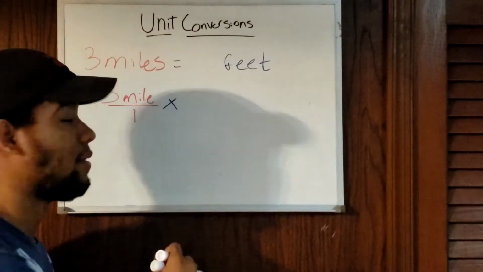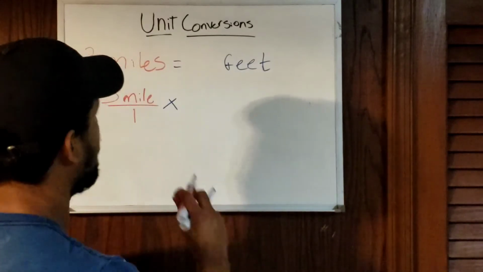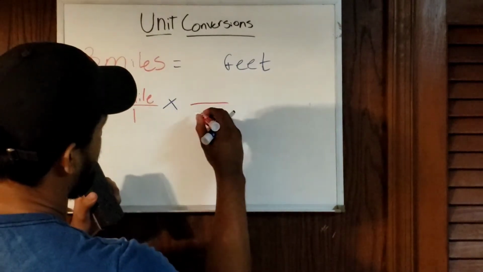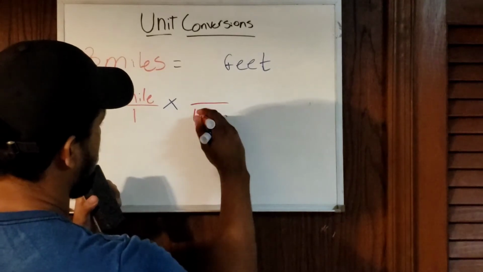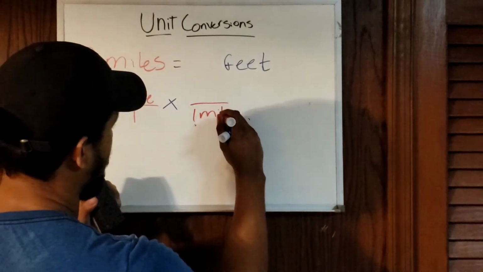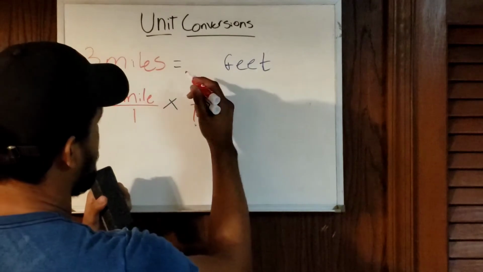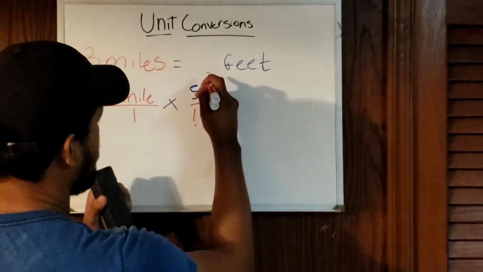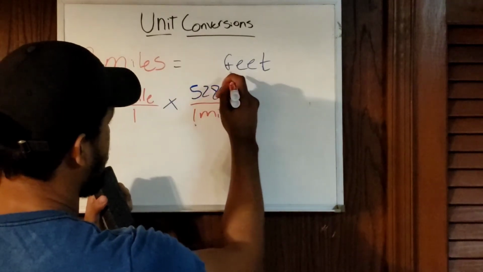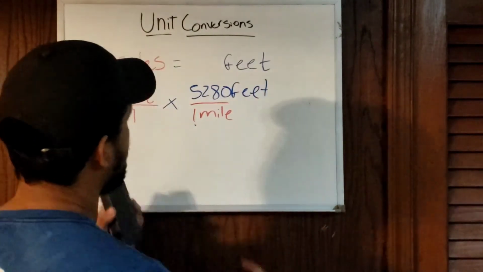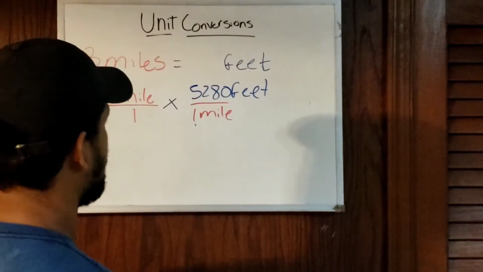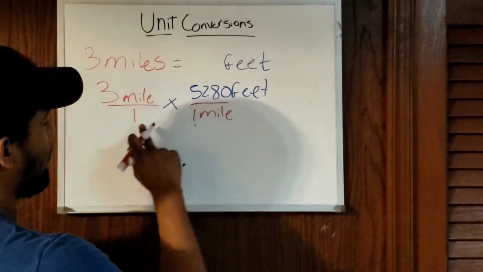If you remember from the middle of the video, if you wrote that down, it turns out that 1 mile is equal to 5,280 feet, right? And this is pretty much all you need. You're almost done here. You're converting 1 mile into feet.